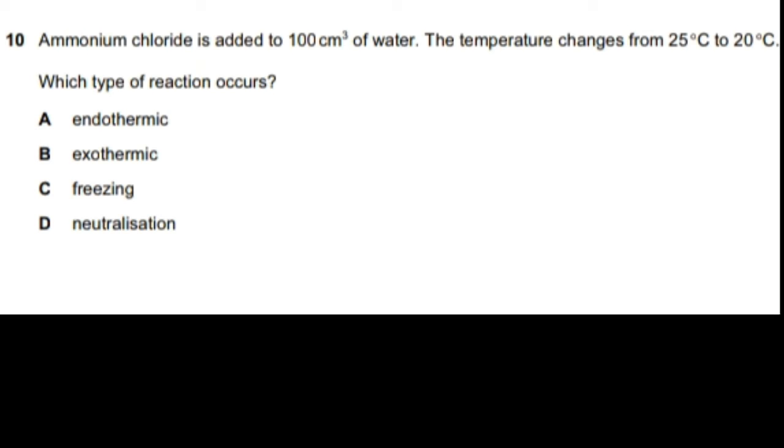The answer is endothermic reaction. Endothermic reaction means the system absorbs energy and the temperature decreases. So the correct answer is A.